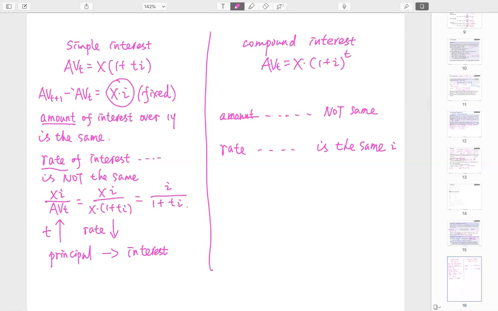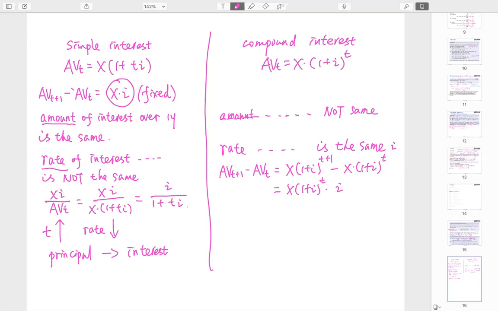So the reason, again, it's simple, because if you do the calculation, you will immediately see the result, right? So it will be x(1 + I t) plus (1 minus x) times (1 + I) to the power of t. Of course, we can factor out AV t, right?